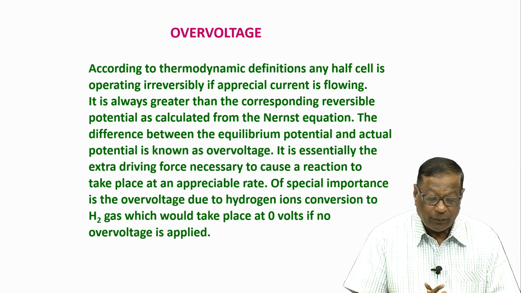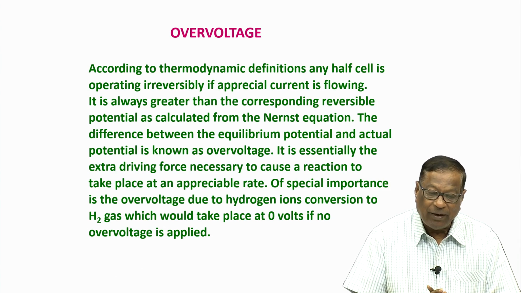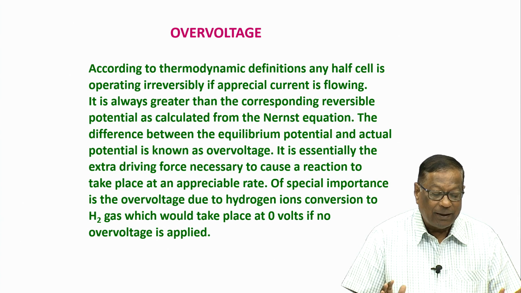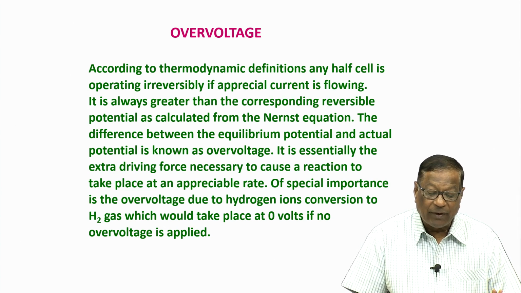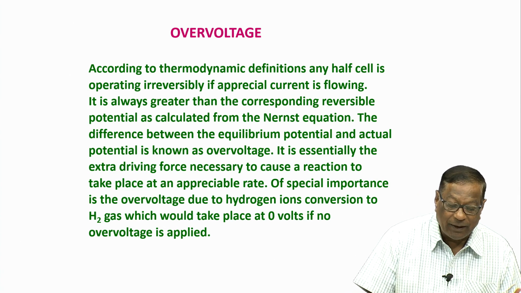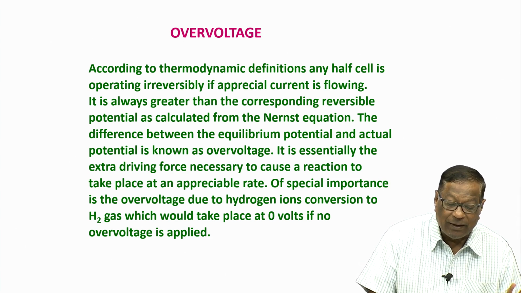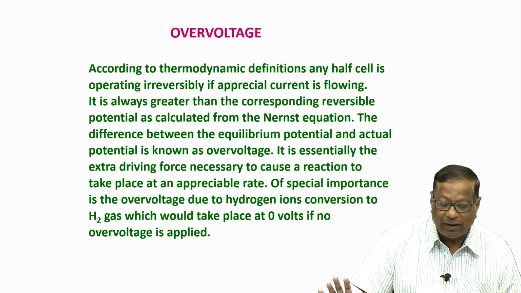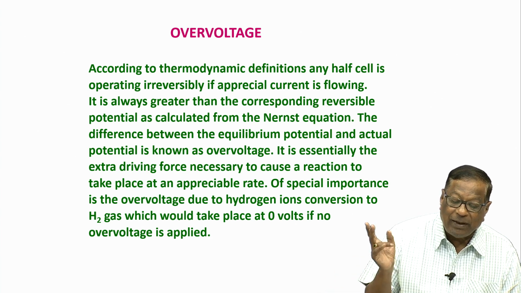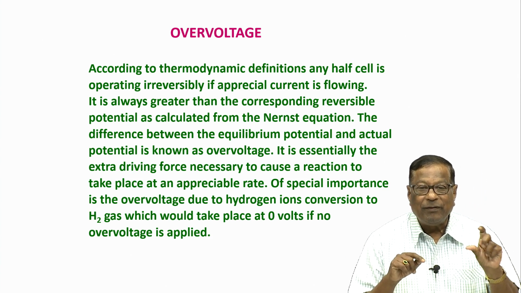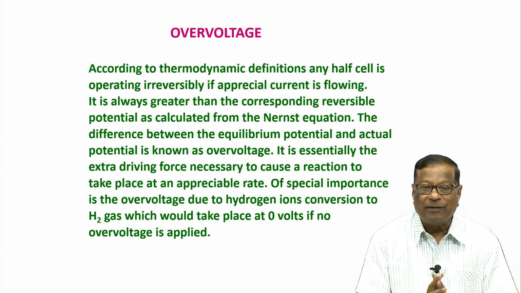So, over voltage, I have defined it a number of times. According to thermodynamic definitions, any half cell that is operating irreversibly, if appreciable current is flowing, is always greater than the corresponding reversible potential as calculated from the Nernst equation. The difference between the equilibrium potential and the actual potential is known as over voltage.